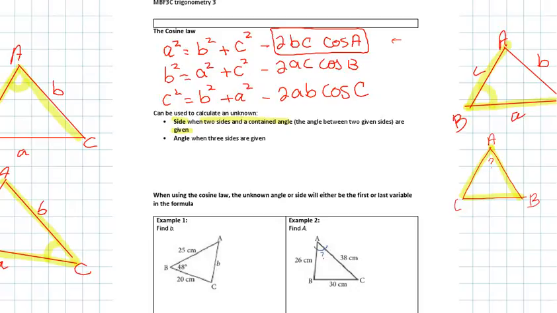To isolate for angle A, the formula will be the following. I'm not going to get you to isolate. So cosine A equals b squared plus c squared minus a squared over 2bc.